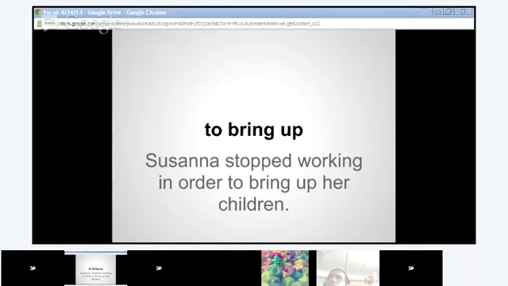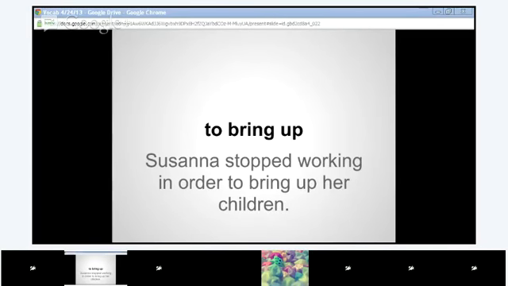Okay? Any questions about this one, to bring up? And there's always a question with phrasal verbs as to if you can separate them or if you can't separate them. And this one you can separate. So you could say to bring up her children or to bring her children up.